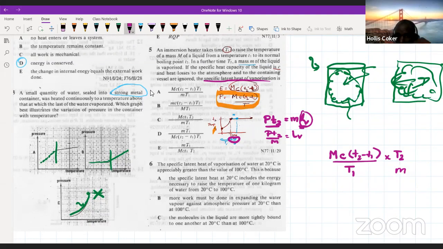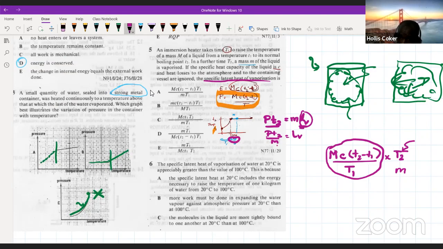That's it. The power we got from the sensible heat, multiplied by the time, is energy, divided by the mass. So PT over mass.